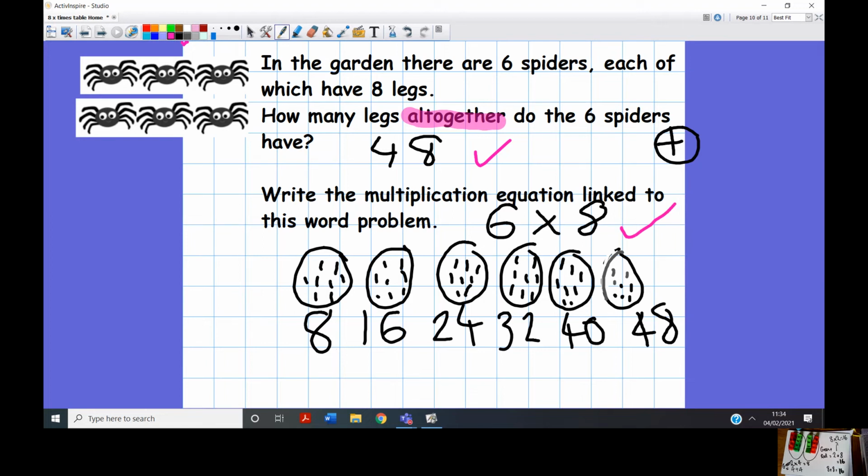It works like that. If you know your 4 times table, you are on a very good route to knowing your 8 times table. And thinking back to everything that we've done together over the last couple of weeks, and last time about arrays, commutativity, inverse, this should be fairly straightforward for you.